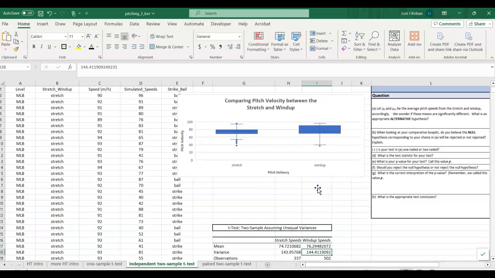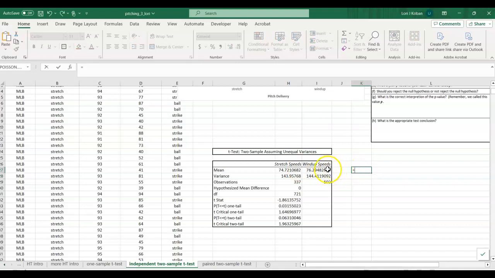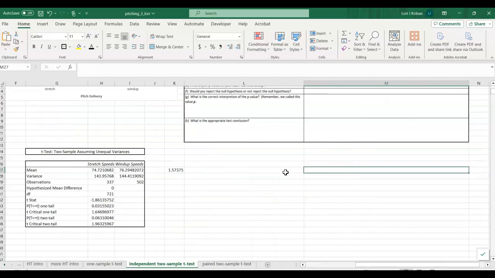It's more spread out, which is what we said. So the hypothesized difference is 0. What is the actual sample difference? There's the windup. Here's the stretch. So a sample difference of about 1.57 miles per hour. Now, is that because there really is a difference, or is it just due to chance?